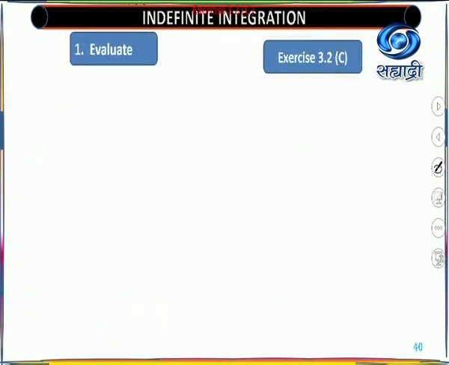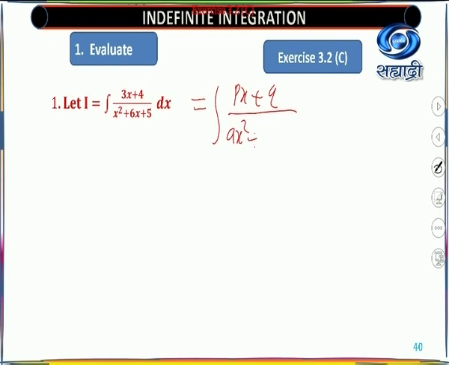Okay, so we'll start with our example. The first example is integral of 3x plus 4 upon x square plus 6x plus 5. We have already discussed that it is of the type px plus q upon ax square plus bx plus c dx.